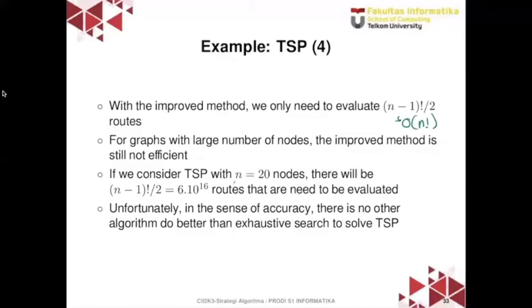For example, if we have 20 nodes, then we still have 6 times 10 to the 16 routes that need to be evaluated. And unfortunately, in the sense of accuracy, there is no other algorithm that does better than exhaustive search to solve TSP. So if you have a more efficient algorithm to solve TSP, it might not have 100% accuracy.